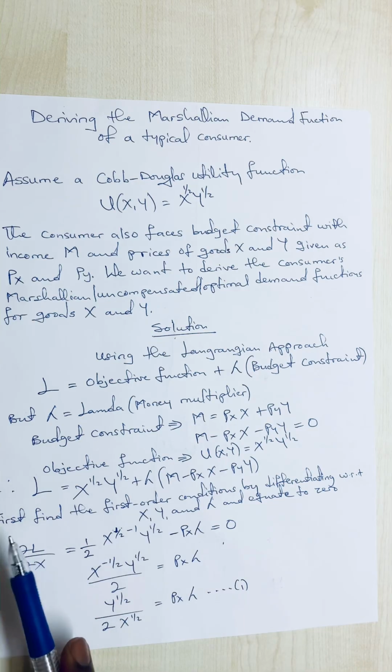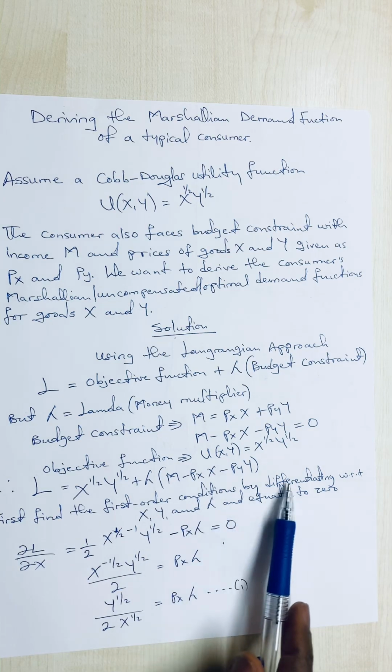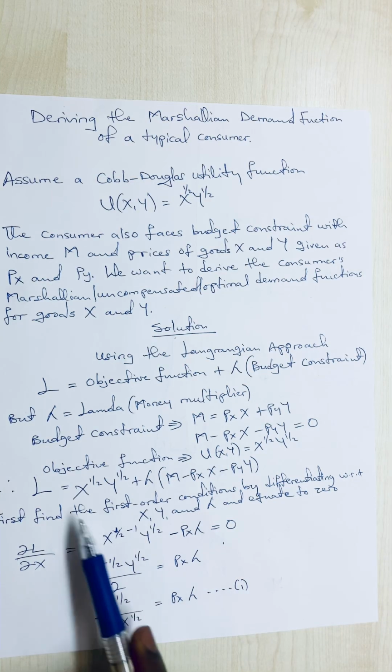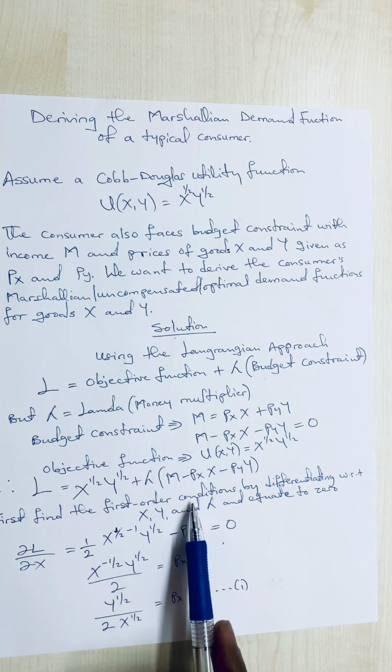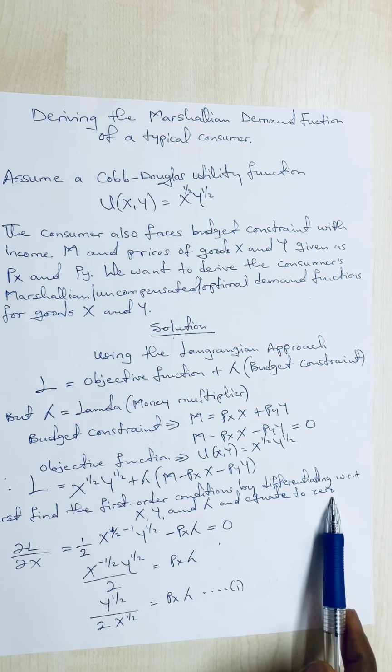To proceed, you first find the first order condition by differentiating with respect to X, Y, and lambda, and equating to 0.